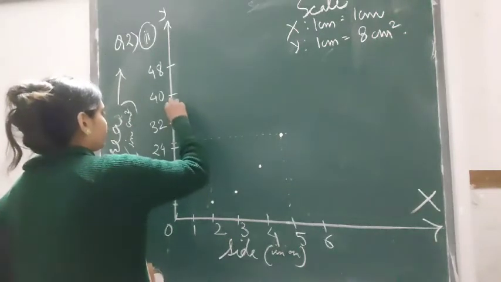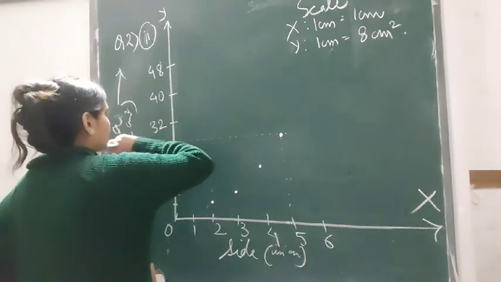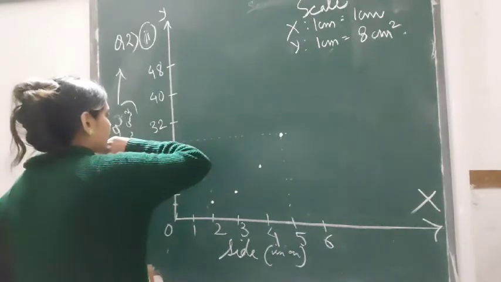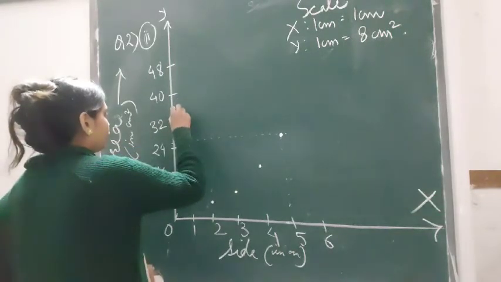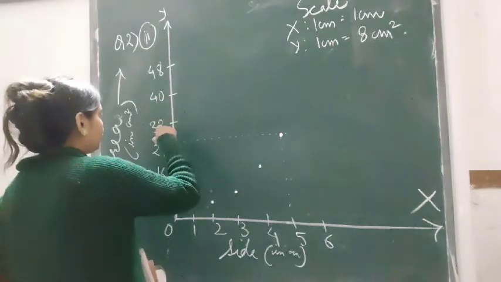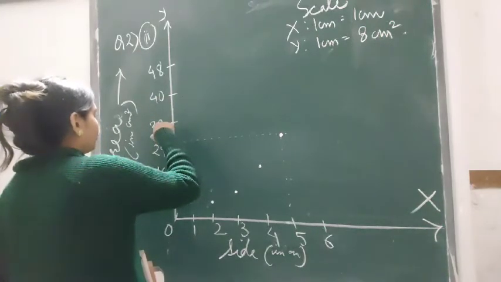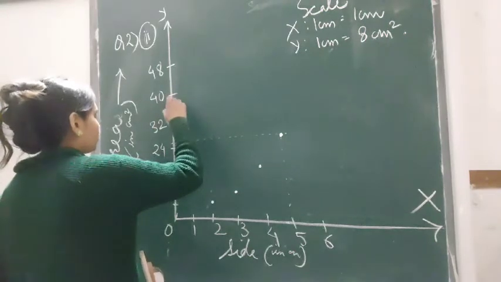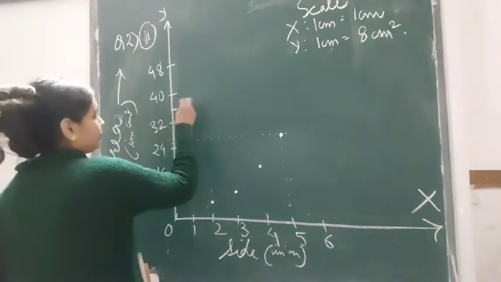So we can assume this is 32, 4 on this side and 4 on this side. 36 will be somewhere here, children.